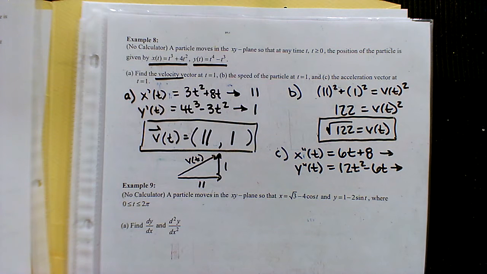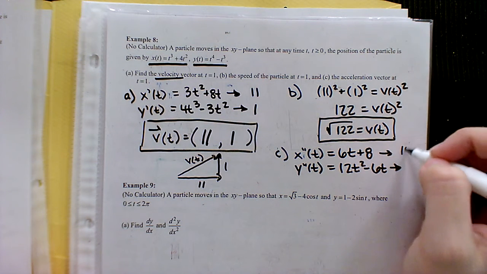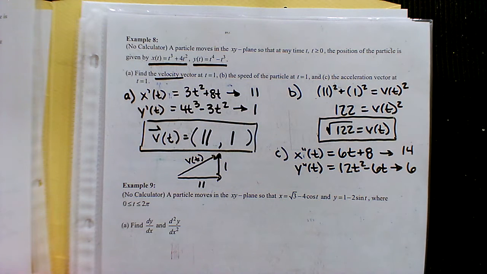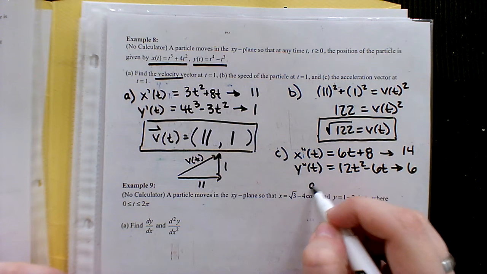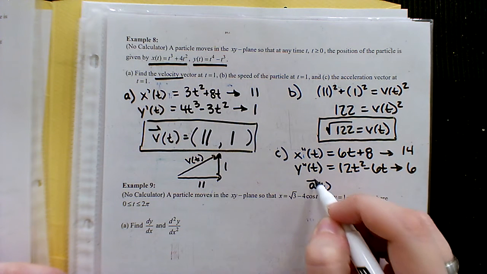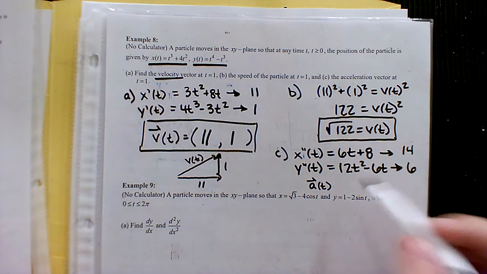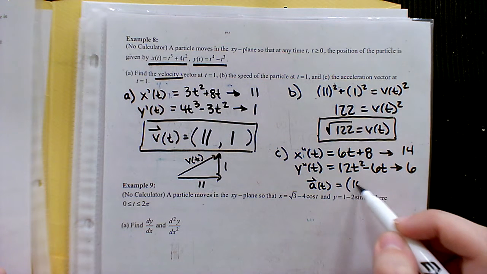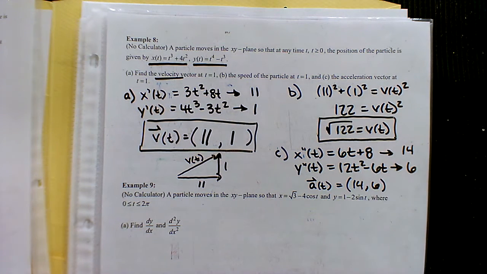So if we were to plug in 1, it looks like we got 14 and 6. In terms of vector notation, we would need a of t with a little half arrow above it, equal to 14 comma 6.